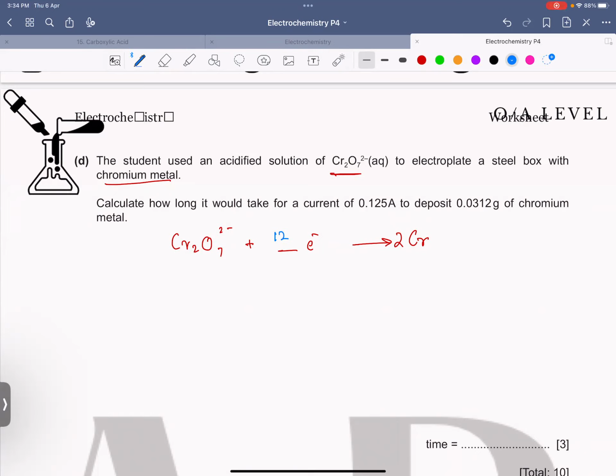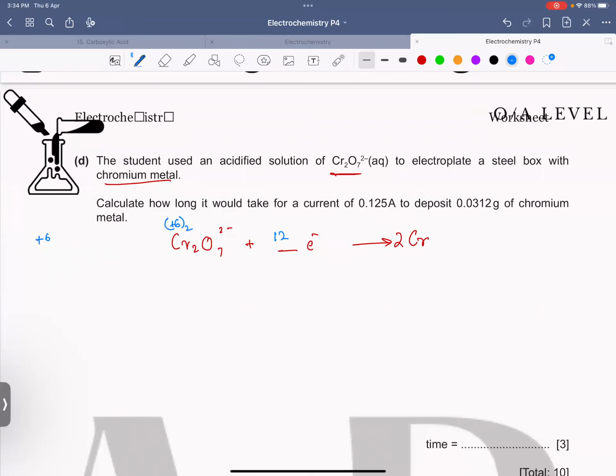The -2 plus 14, plus 12, divided by 6. So +6 is the oxidation number of one chromium atom. Here you are forming 2 chromium atoms. If you have found +6, that is the oxidation state of one chromium.